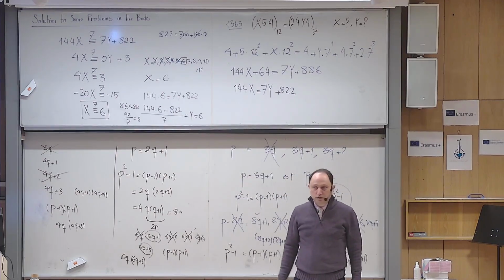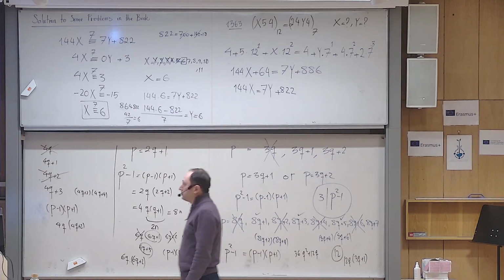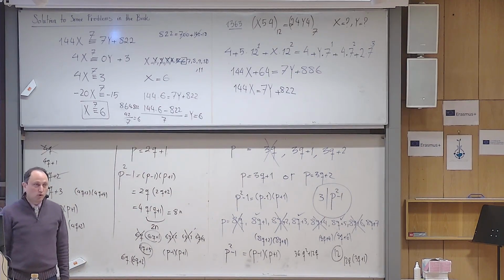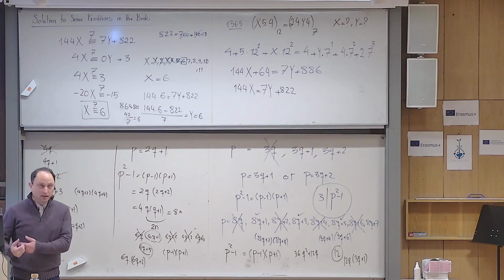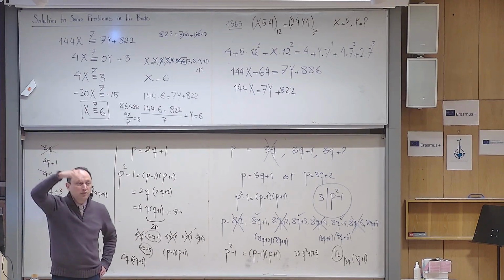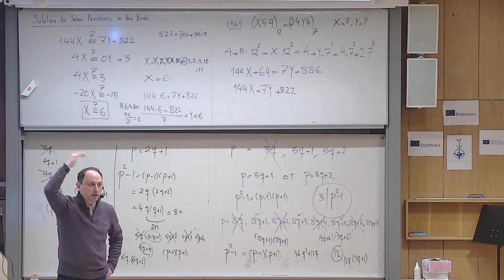Why do you think 4 to the power of n minus 1 should be a composite number? This is claiming that this number always generates non-prime numbers. Why is that?